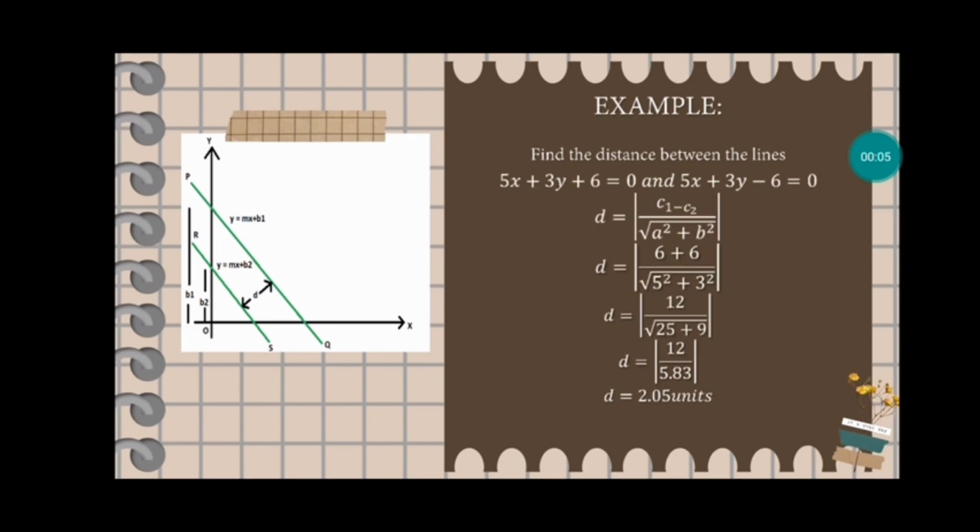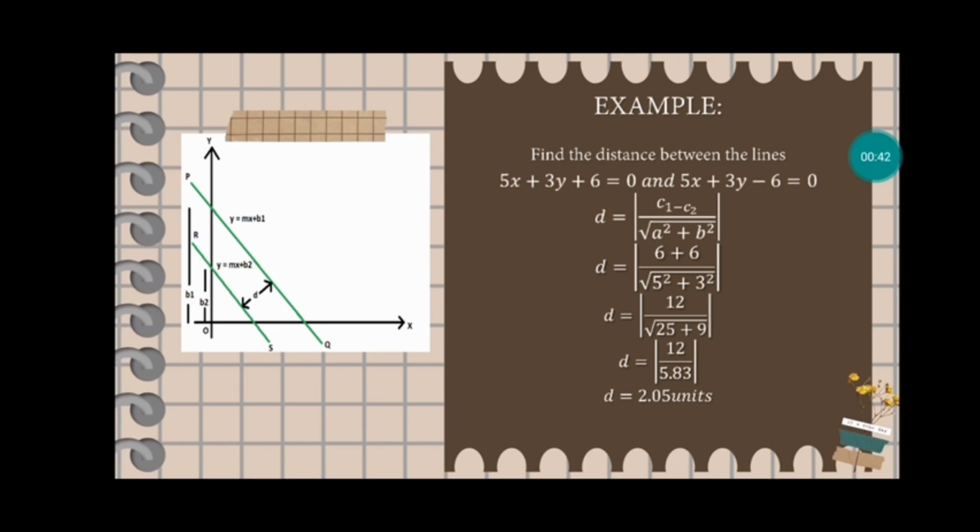So, next example, find the distance between the lines 5x plus 3y plus 6 is equal to 0 and 5x plus 3y minus 6 is equal to 0. We're going to use the same formula. So, substitute it. Distance is equal to the absolute value of 6 plus 6 over the square root of 5 squared because 5 is the a plus 3 squared because 3 is the b. 6 plus 6 is equal to 12 and 5 squared is equal to 25 plus 3 squared is equal to 9.